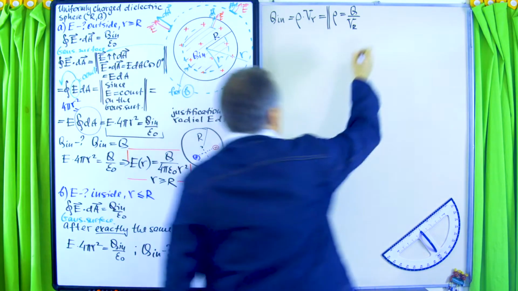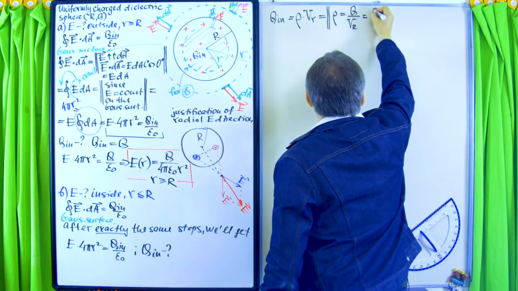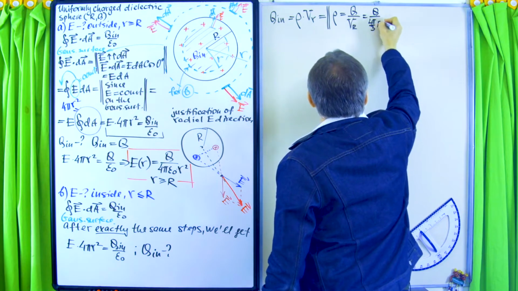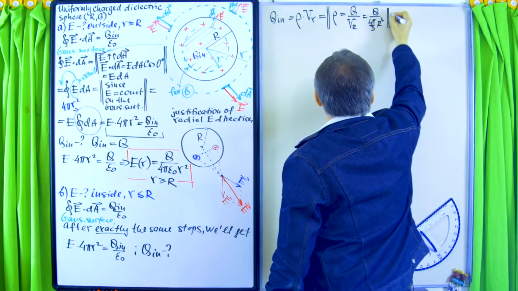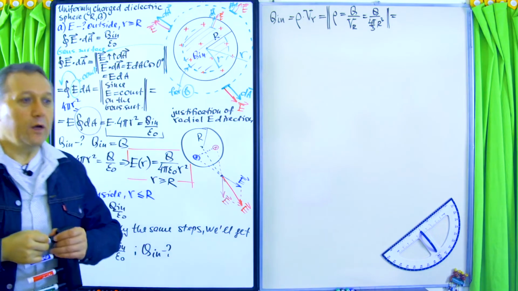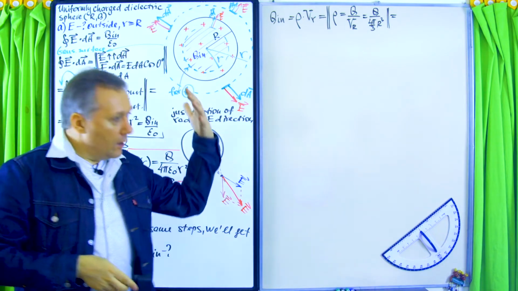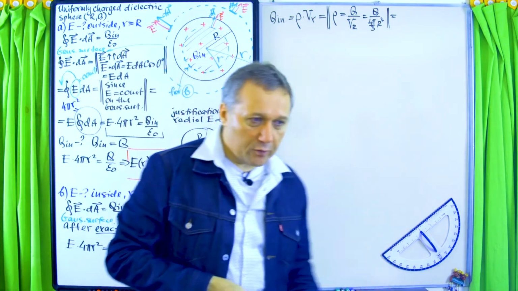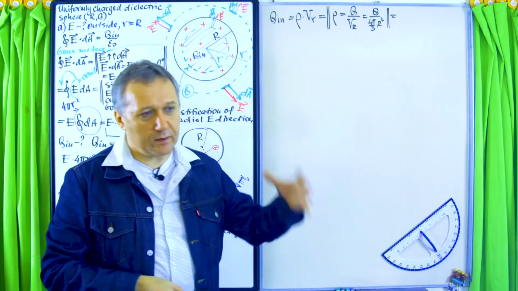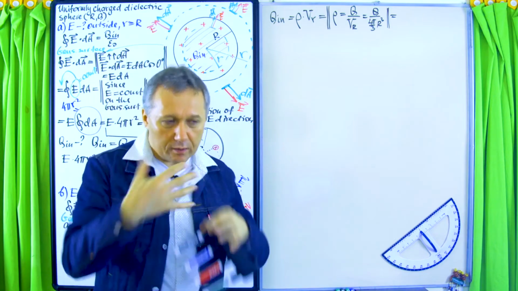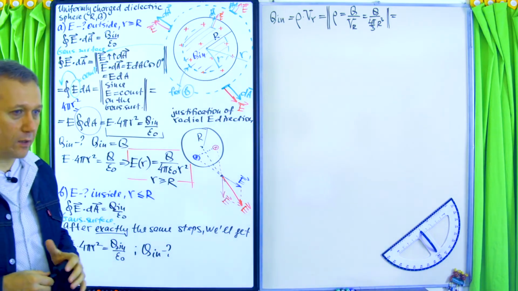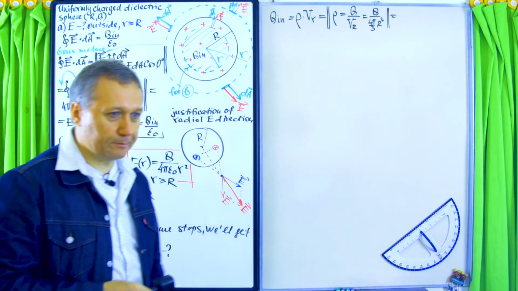Let me write it explicitly: Q divided by 4 pi over 3 r capital to the power of 3. And again, remember these simple formulas for the volume of the sphere, area of the surface, area of the disk, circumference, because plenty of silly mistakes students make using just the wrong formulas.